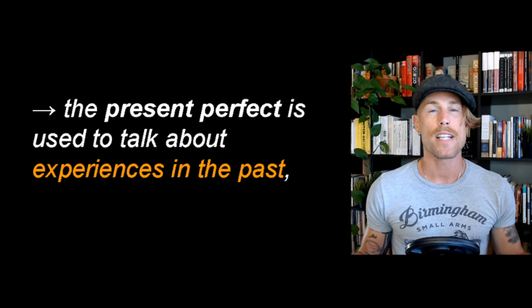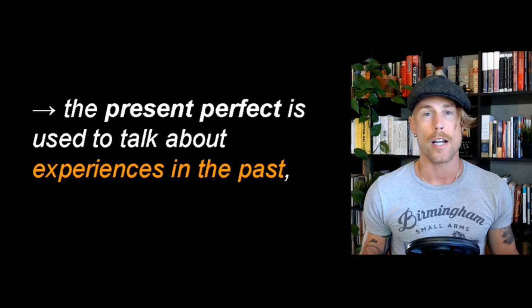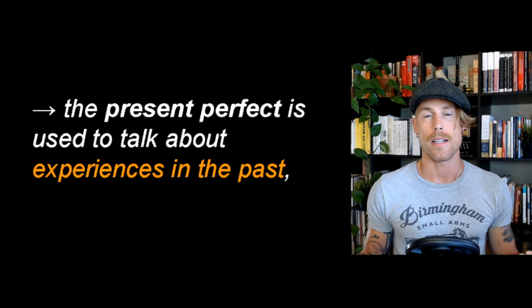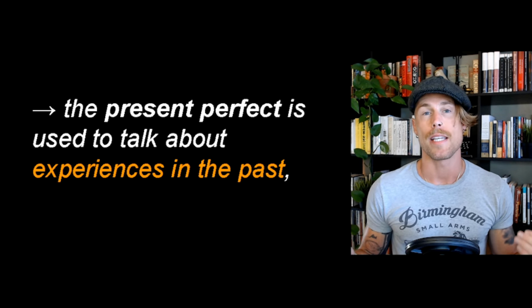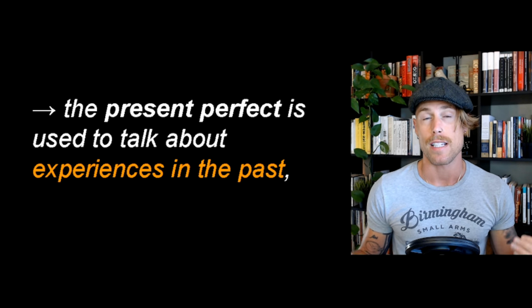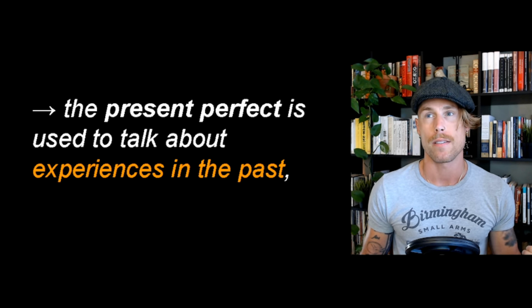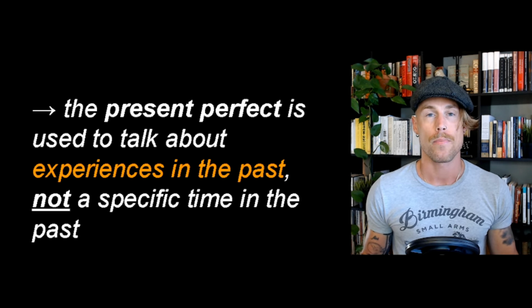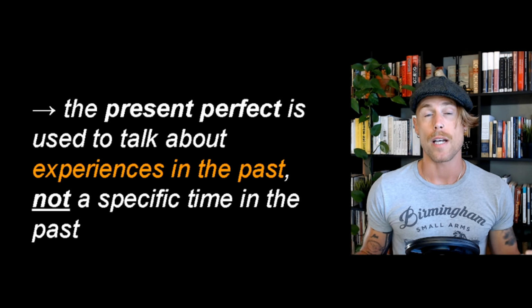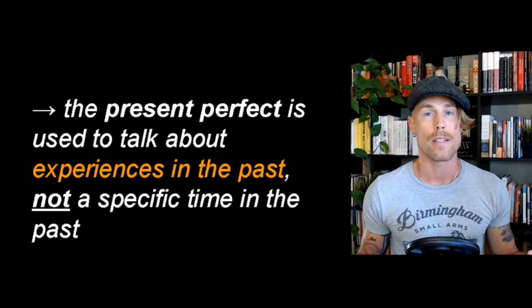And the present perfect is used to talk about experiences in the past. The time is not important. The specific time is not important. So we are not talking about a specific time in the past. If you want to talk about a specific time in the past, use the past simple.